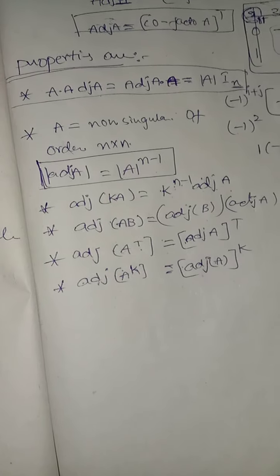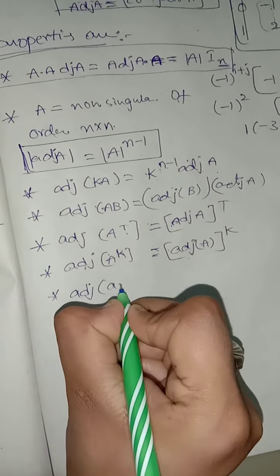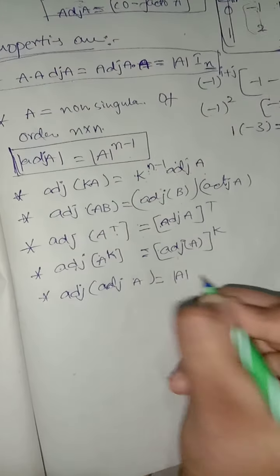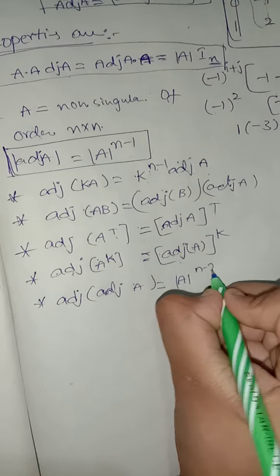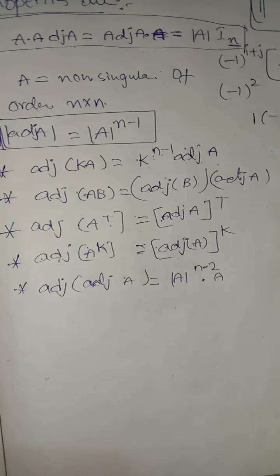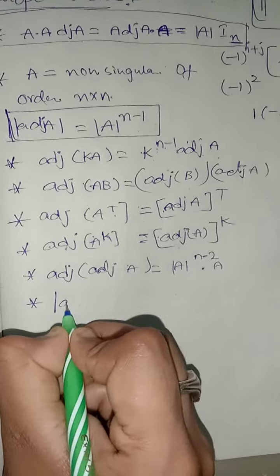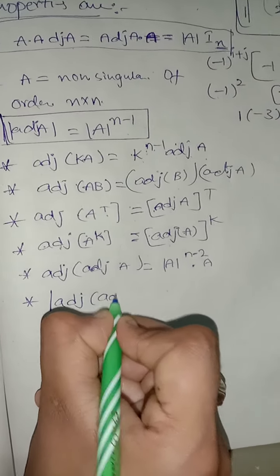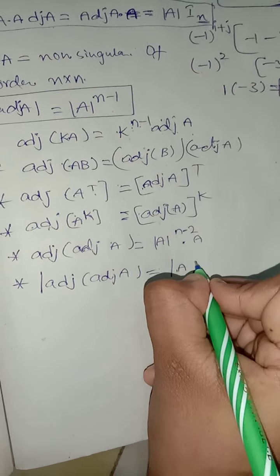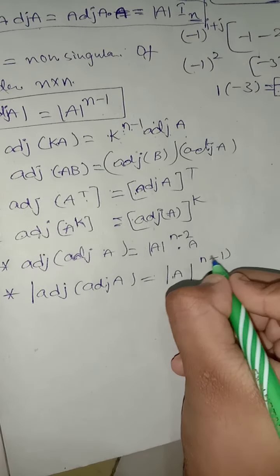Okay, and the next property is adjoint of adjoint A equals det of A power n minus 2, you know about the n, into A. Okay, the next property is det of adjoint A is equal to det of A power n minus 1, whole square.